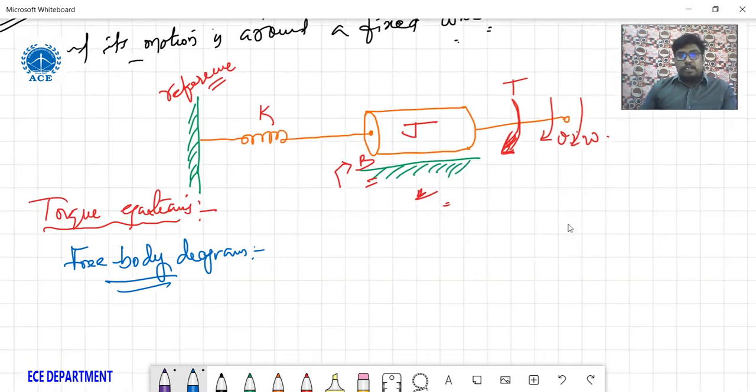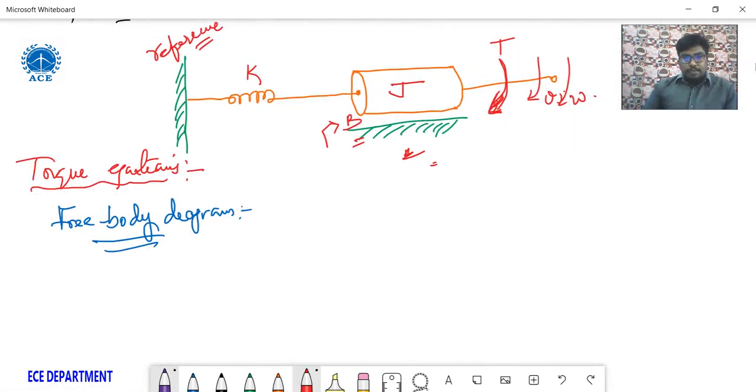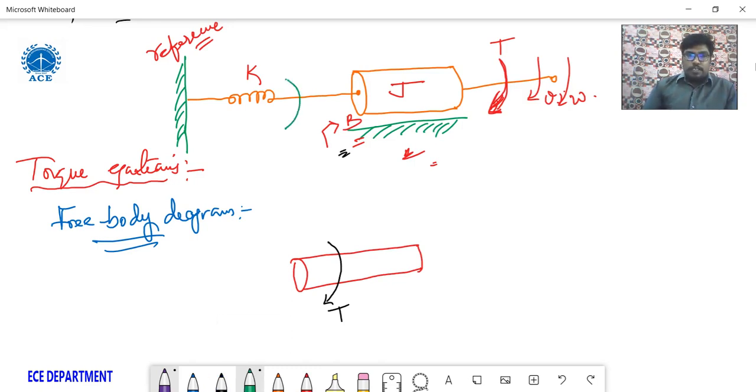So, the free body diagram for this one. Here we need to represent the externally applied torque. Now, what are the opposing torques in this diagram? This is an opposing torque, which I can write as Tk. The damper element is also opposing, so I can write this as Tb. The inertia element itself is Tj.